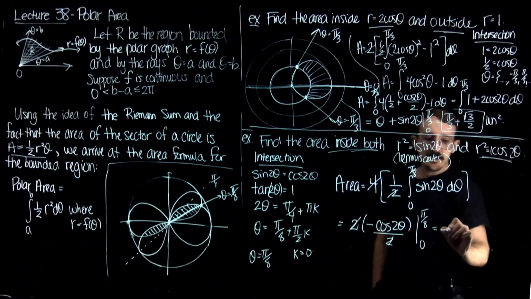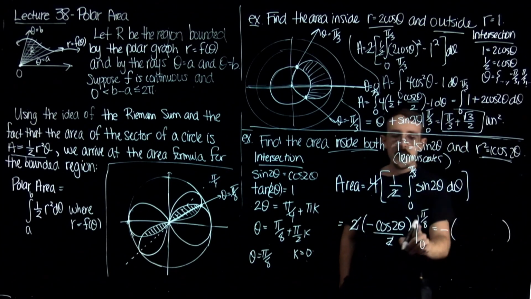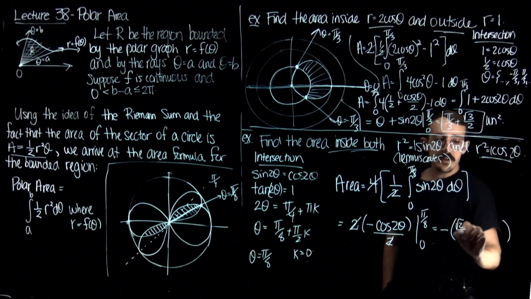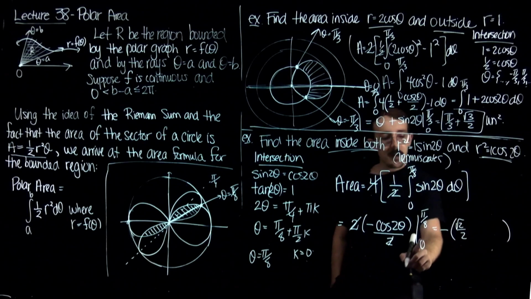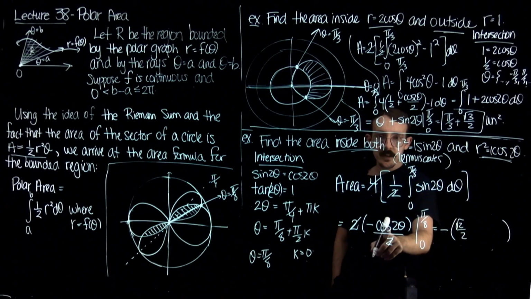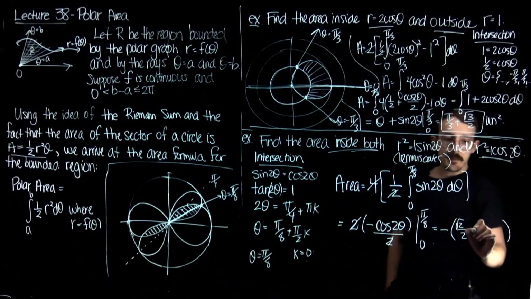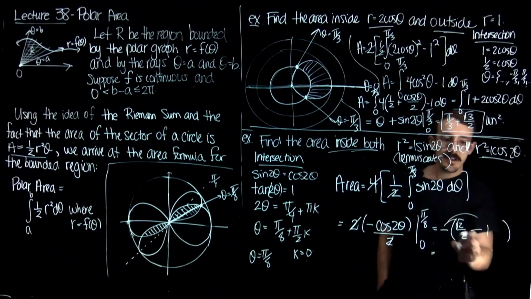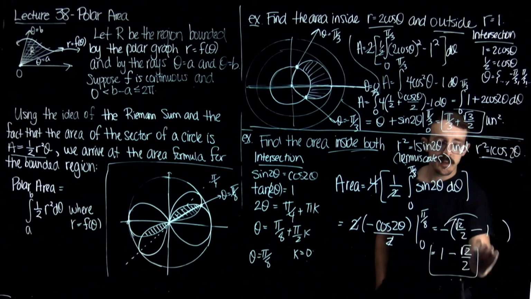I have a negative in front. I'll plug in pi over 8 into cosine of 2 theta. So this is cosine of pi over 4, which is root 2 over 2. And then finally, I'll plug in 0 into cosine here, and I'll just get 1. So it'll be minus 1. This negative sign I had out front distributes, and I'm left with 1 minus root 2 over 2.